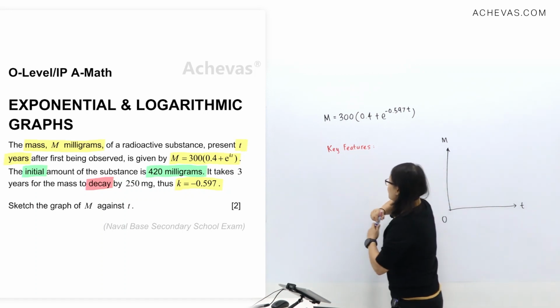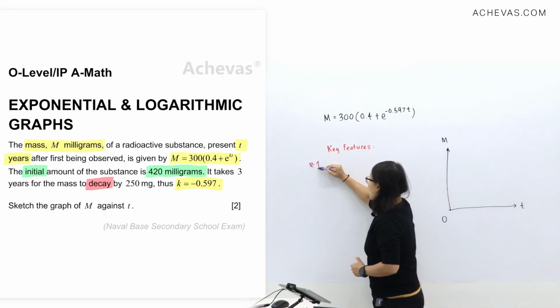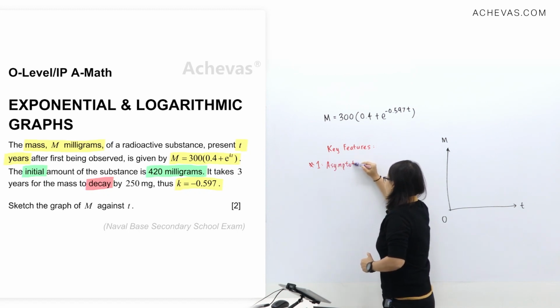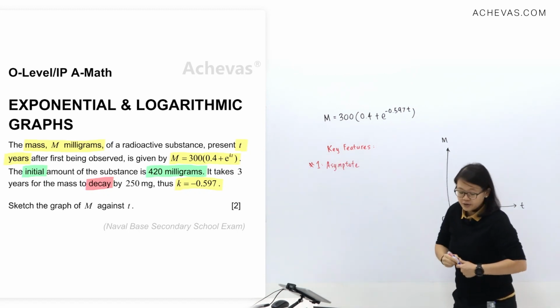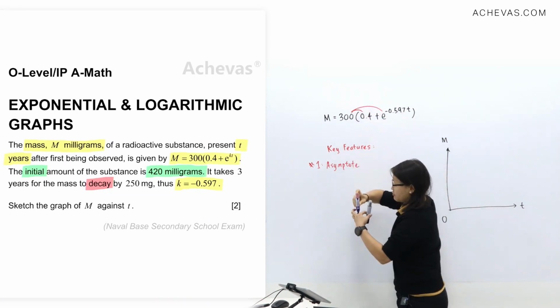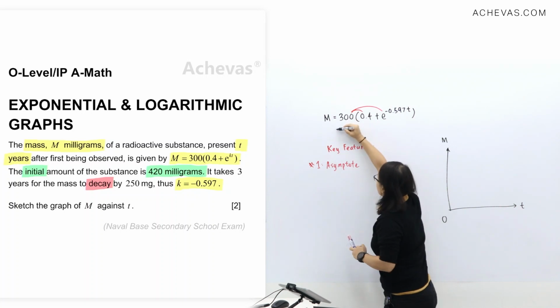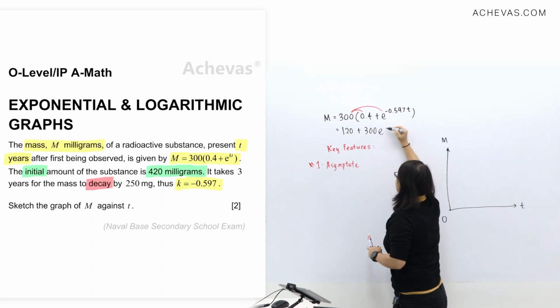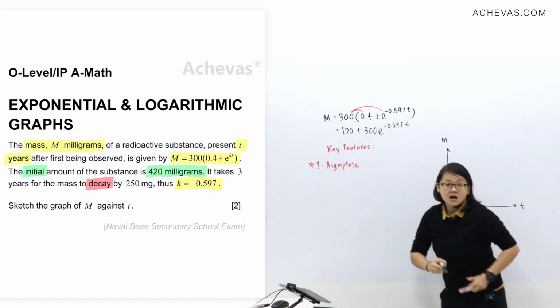For an exponential graph, you have key features. Number 1, I'm going to find out what the asymptote is. So for the asymptote of the graph for this question, we will need to expand the 300 inside. Let me rewrite this again. It will be 120 plus 300 e raised to the power negative 0.597t.